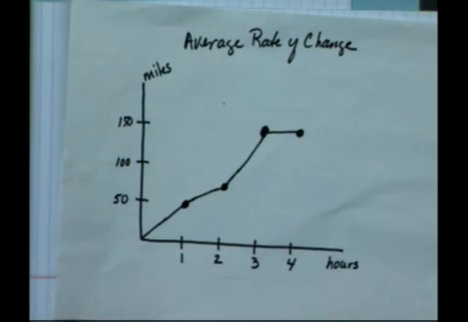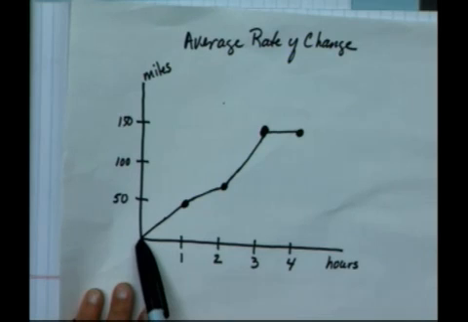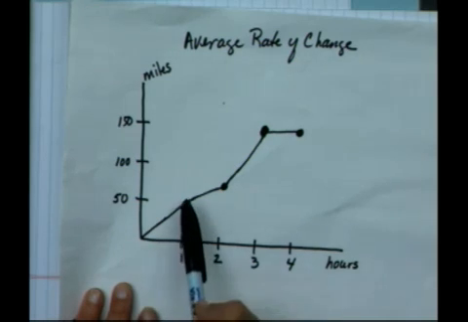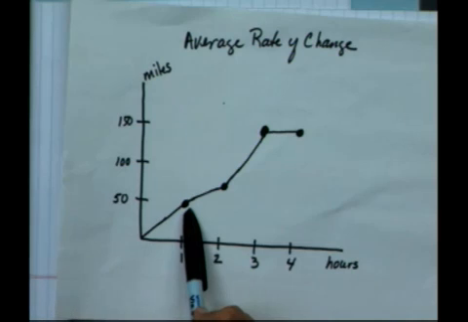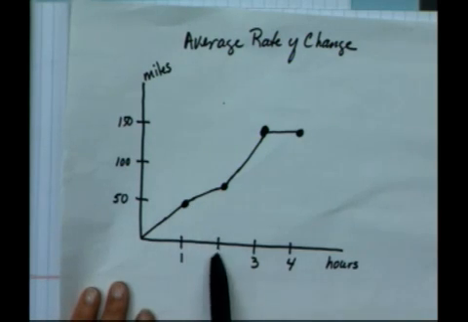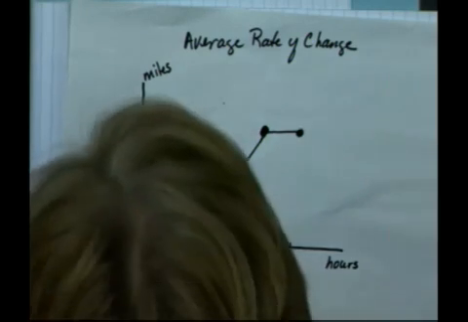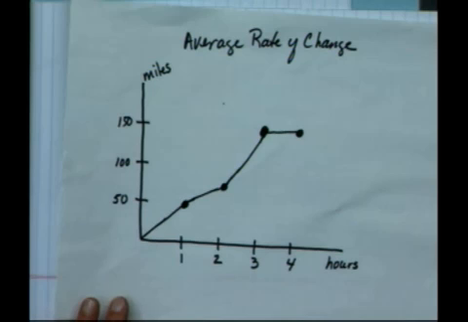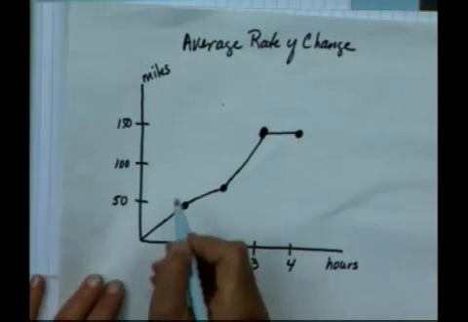So we start out at 0, 0 because we start out at 0 hours. This is distance from home, wherever our starting place is. At the end of 1 hour, we look at our odometer and we've gone 50 miles. At the end of 2 hours, we've gone 75 miles.